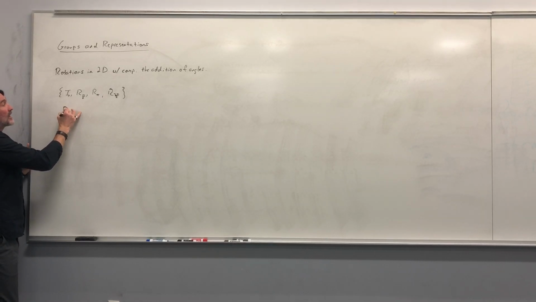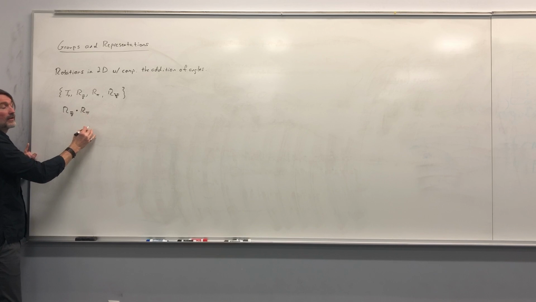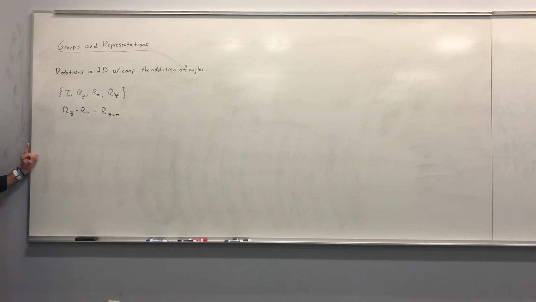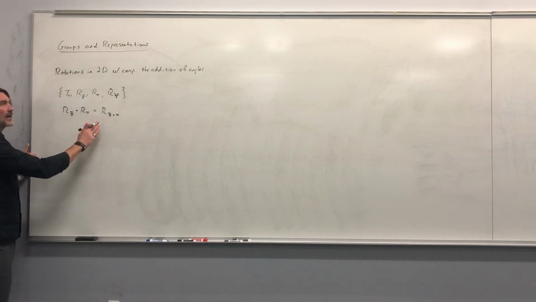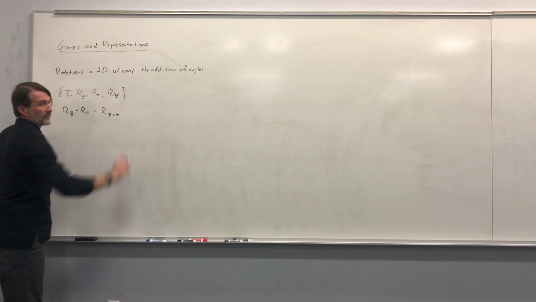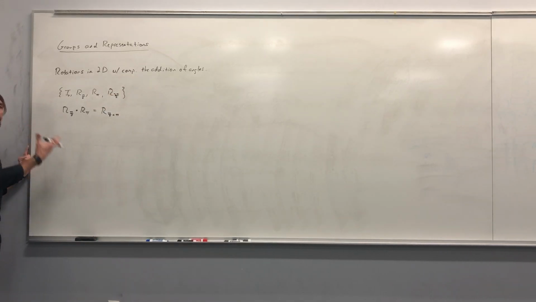But if I want to know what is r pi over 2 composed with r pi, it is r pi over 2 plus pi. It's intuitive, right? But this is how I'm defining the composition in this case. So that is an abstract way of defining a group.